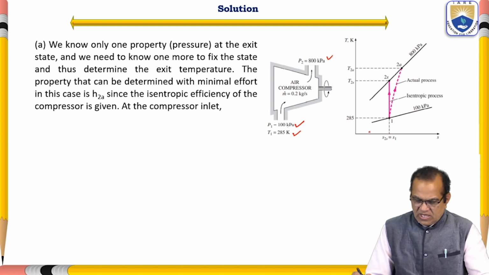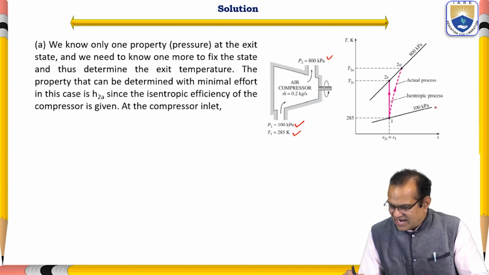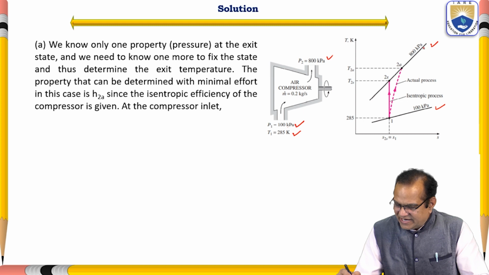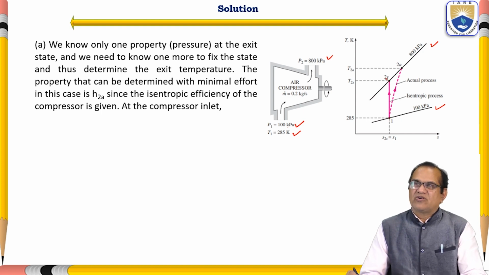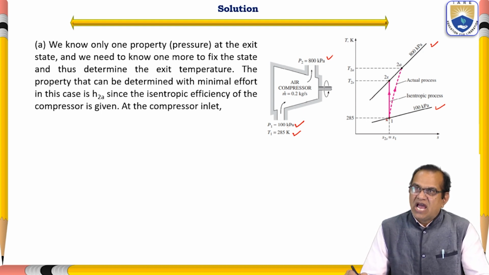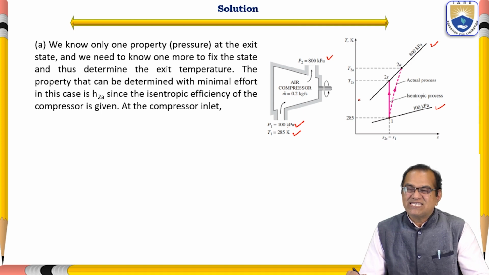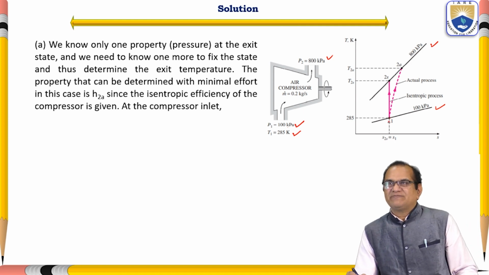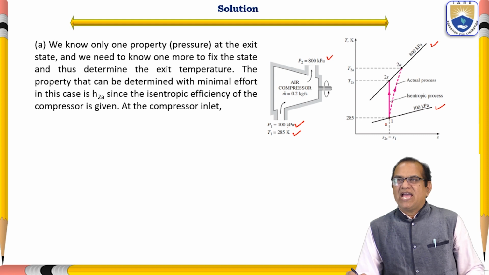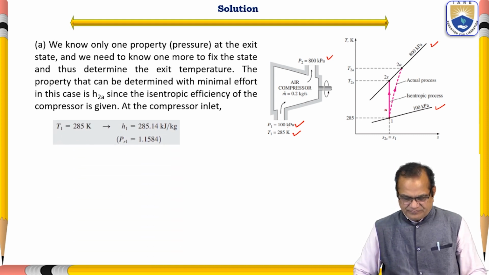So this is 100 kilopascal and this is 800 kilopascal. 1 to 2s is the isentropic compression and 1 to 2a is the actual compression. So we know that (H2s minus H1) divided by (H2a minus H1) is equal to the efficiency. Efficiency is given, H1 is also given, and so we can find it from this.